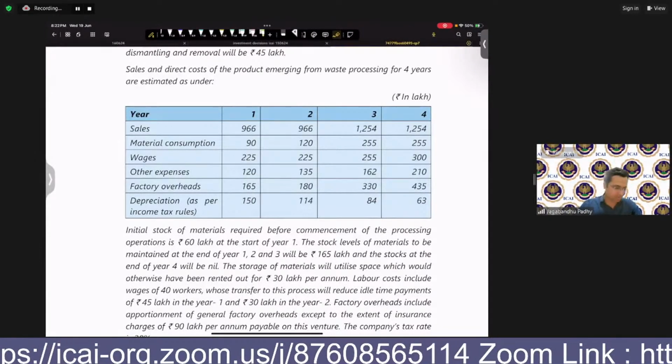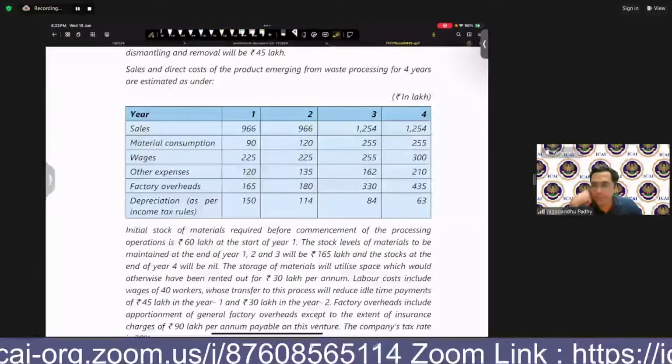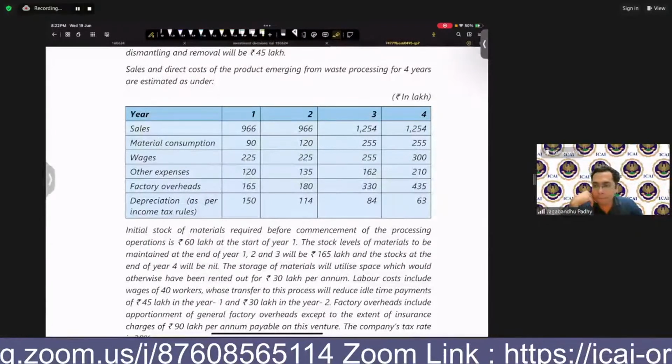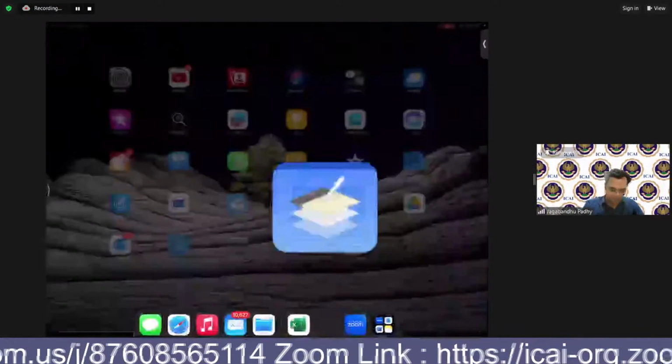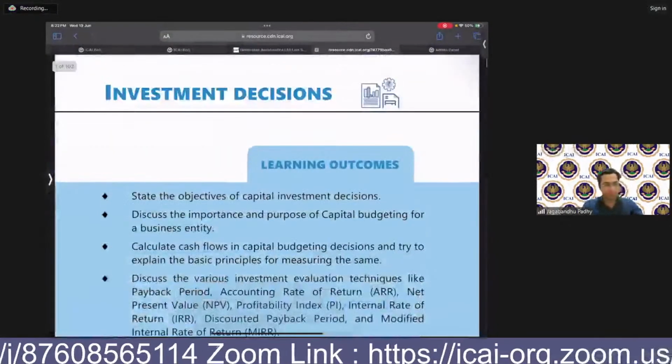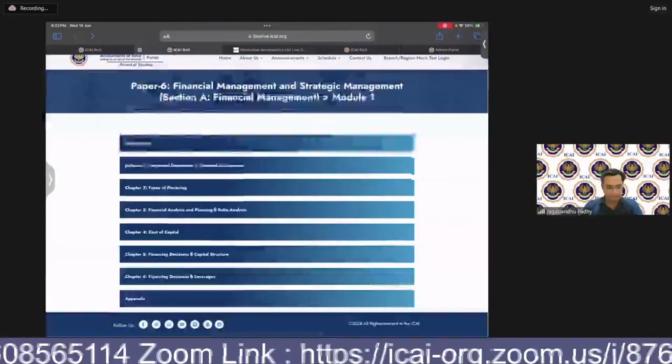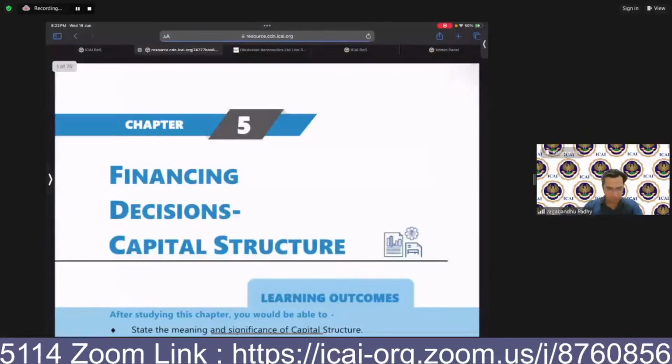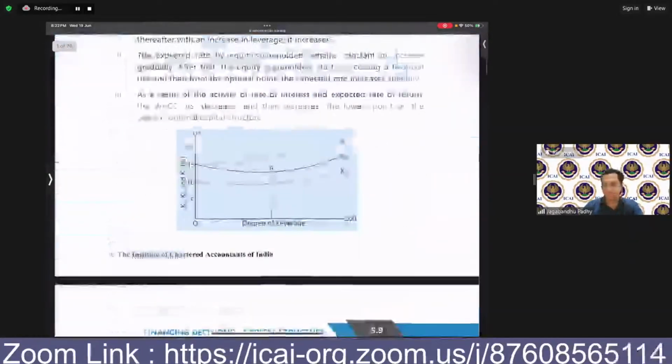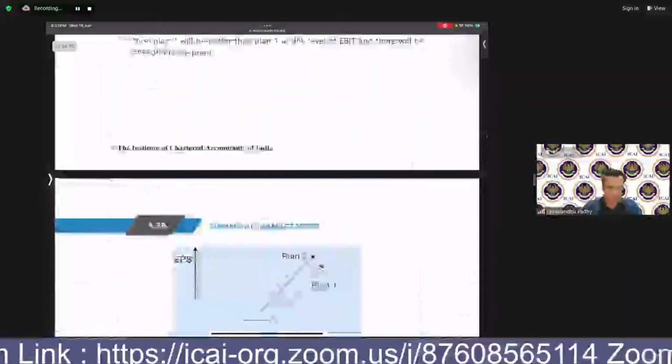Any queries other than this? Question number 11 of capital structure. Okay, just see. Question number 11 or illustration number 11?